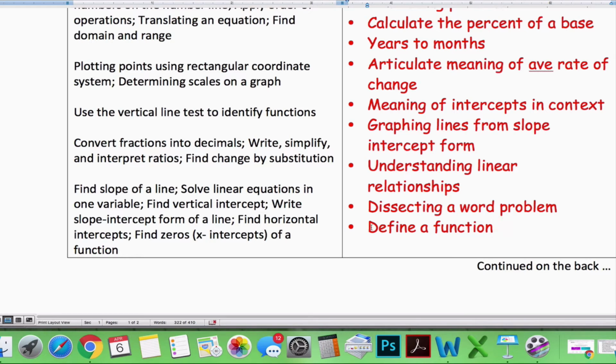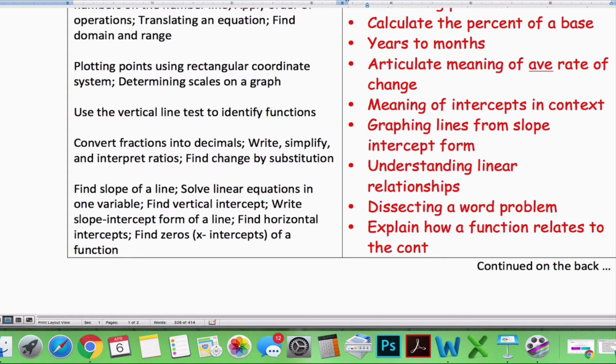So I'm going to put explain what a function, explain how a function relates to the context.